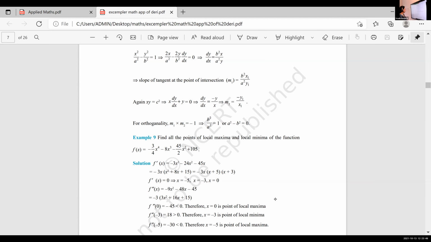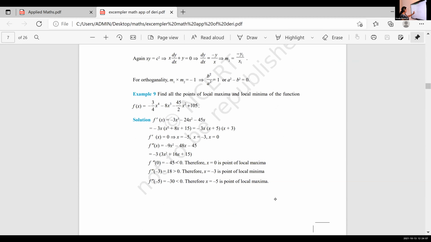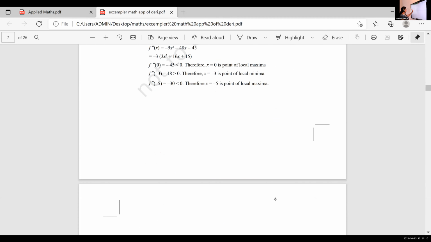This is about local maxima and minima. Note that as homework.